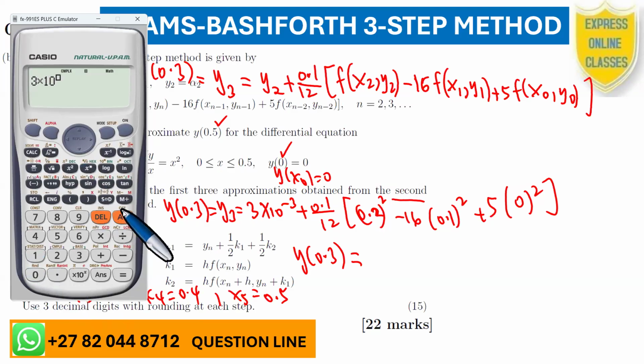Right, so this is to the power minus 3, plus 0.1 divided by 12, and then you have the bracket: 0.2 squared, minus 16 times 0.1 squared, plus 0.